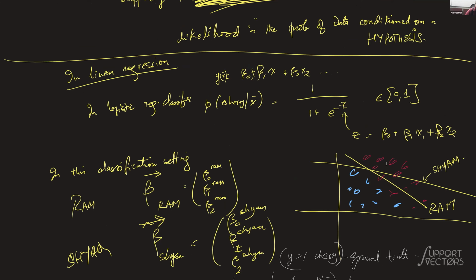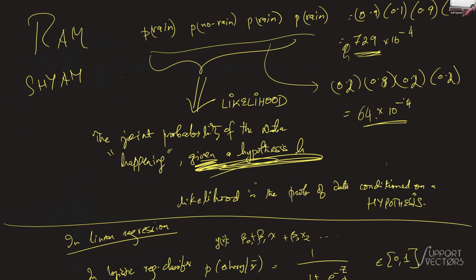That is it. That defines the concept of likelihood. The likelihood of a hypothesis is the joint probability of the data happening given that hypothesis. So likelihood doesn't make sense in the abstract. You can't say what is the likelihood that it will rain today. That is not likelihood, that is probability, because we are not taking any hypothesis under consideration.